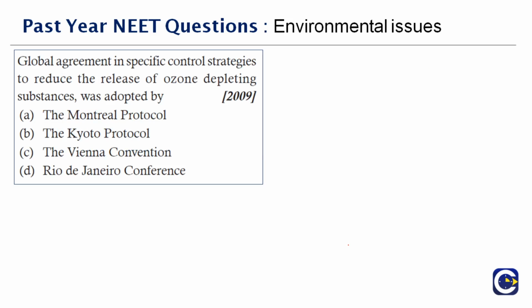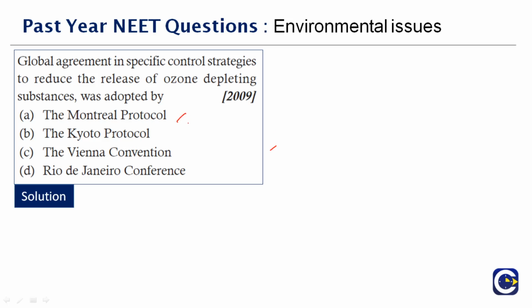Okay, next question here. Global agreement in specific control strategies to reduce the release of ozone depleting substances was adopted by dash. It is not the Kyoto Protocol, that was given by the Montreal Protocol.